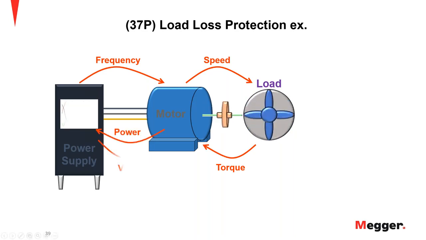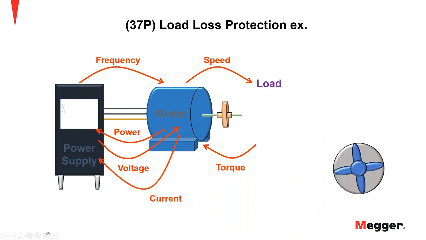We're drawing power from the system, regulating the motor itself, and all of a sudden the shaft breaks off and we don't have load anymore. So we have completely lost this. The motor needs to be shut down, and with the load loss protection element, we're not seeing that load. It has gone to zero pretty much in this scenario, and we should receive a trip to trip this motor.